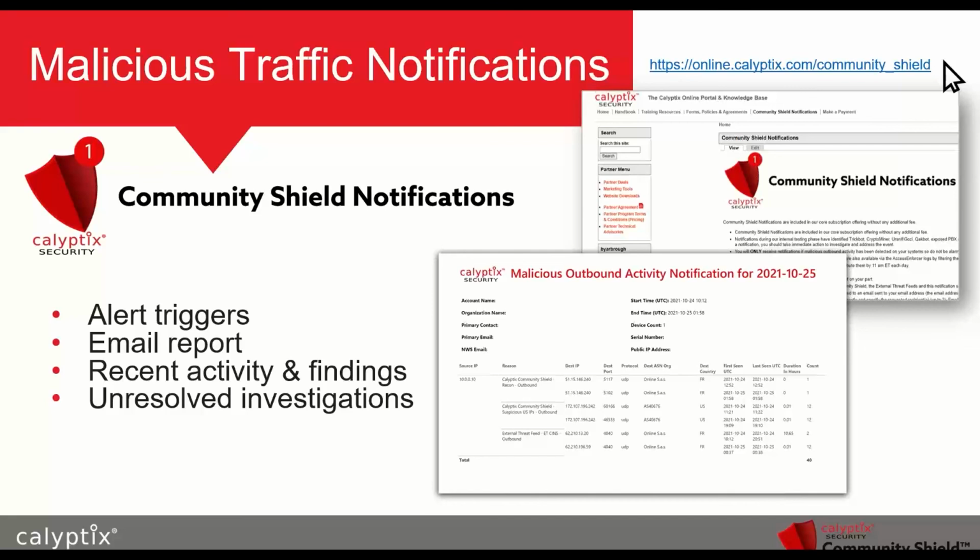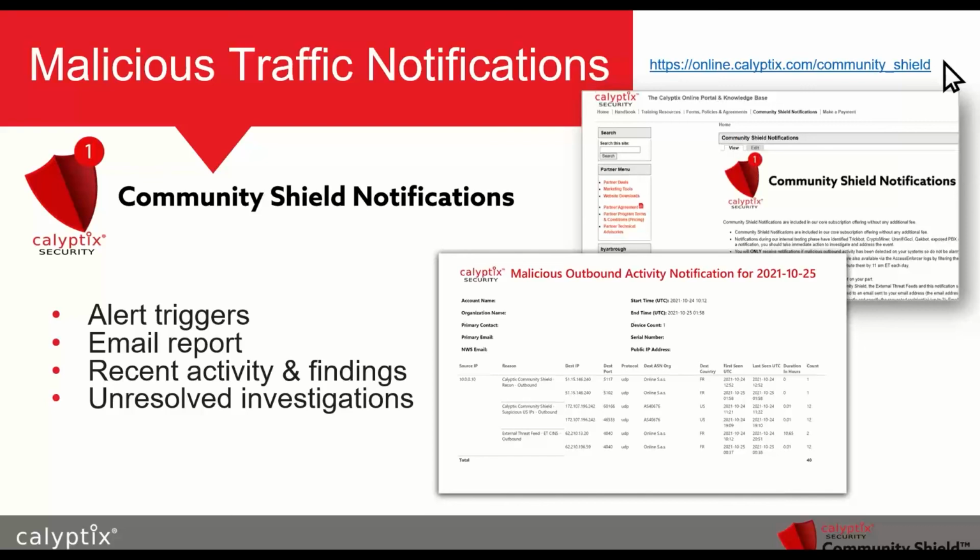We have 3 different triggers, and one we deployed relatively recently. One is at least one device that has had outbound activity to an IP that's in the C2 or any C2 external threat feed. These contain IPs that are very likely to be malicious.